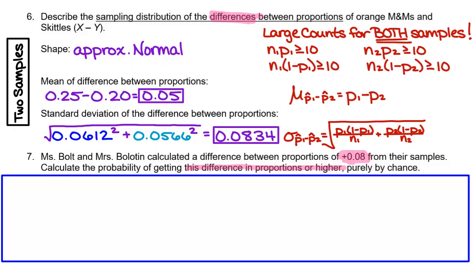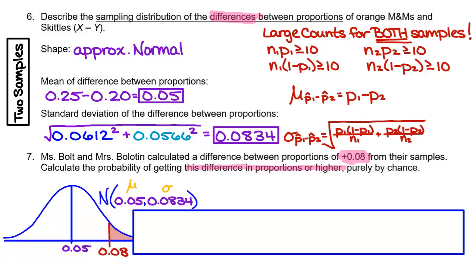And then what function do you actually have to use to calculate this? Normal CDF. So your picture should look kind of like this.